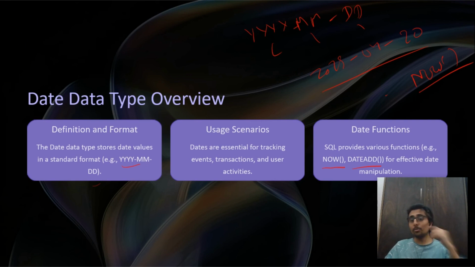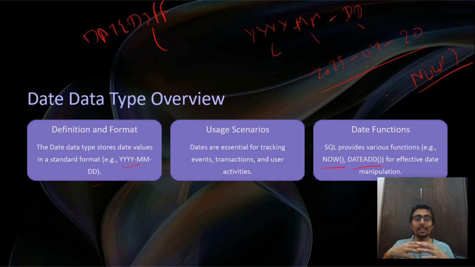SQL also gives you some awesome built-in functions, as I just discussed, like NOW, DATE_ADD, and DATEDIFF. DATEDIFF will give you the difference between two dates. For example, some sales were done between 1st Jan and 31st Jan 2025. So it will give the exact number of sales, or the percentage of sales that occurred, right?